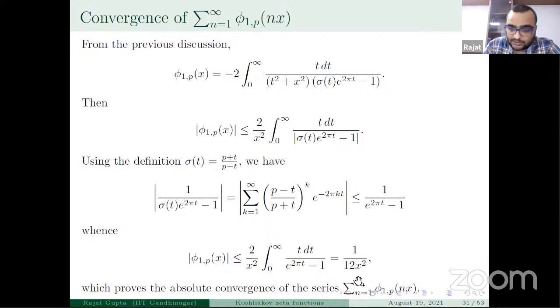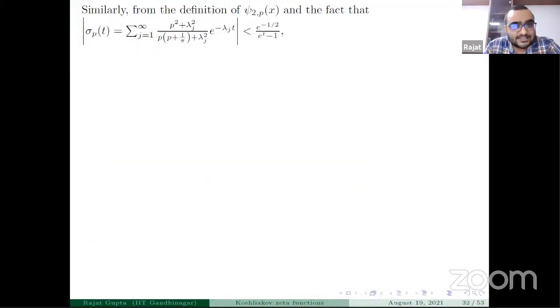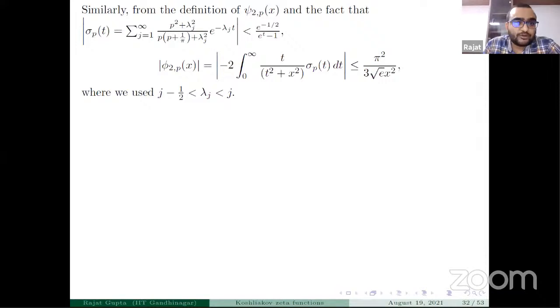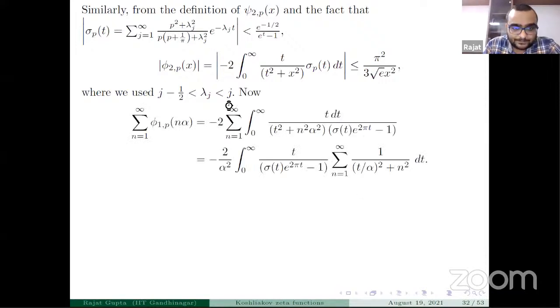This proves the absolute convergence of this series. Similarly, one can also prove the same for phi2 of p, which is given by this bound. If you take a summation on both sides, you will see that phi2 of p is an absolutely convergent series.